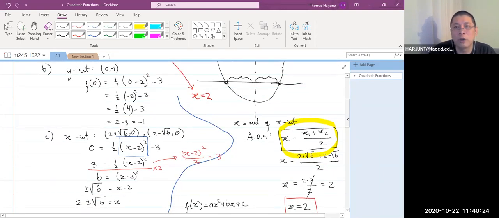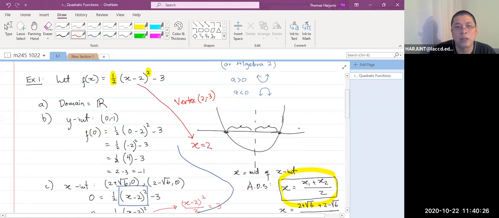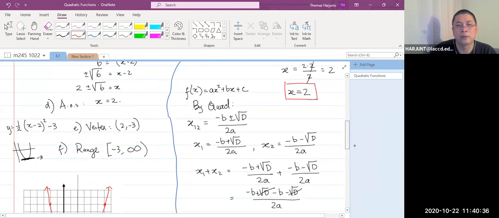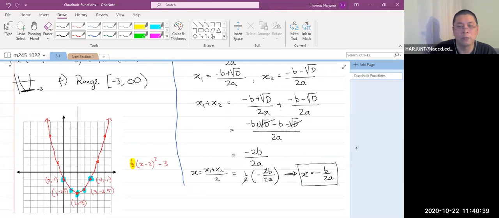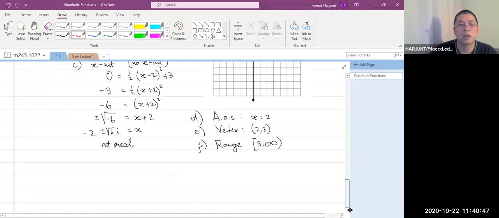But what if you don't have x-intercepts? Well, if it is standard form, then the axis of symmetry is right in front of you, and therefore you will get the vertex now. If you have general form, I recommend you use a formula instead to find the axis of symmetry. Let's tackle that kind of question.